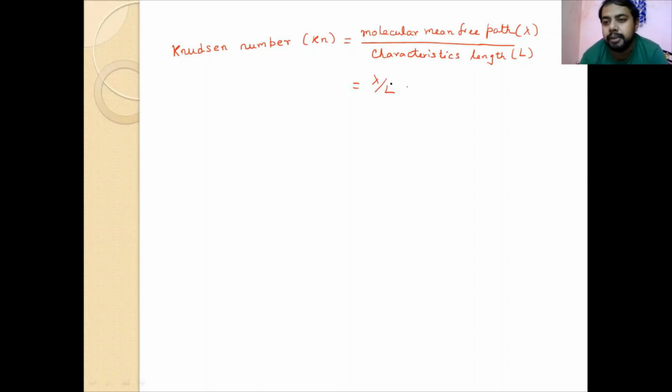What does the molecular mean free path mean? In between two successive collisions, the statistical average path a molecule can travel is known as the molecular mean free path. If a molecule collides with another molecule here, after the collision it travels a distance, and then has a second collision with another molecule. The statistical average distance it travels between two collisions is the molecular mean free path.